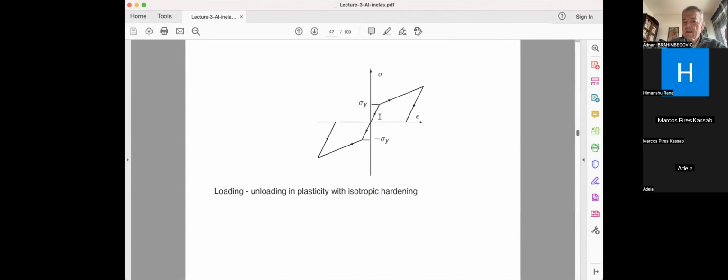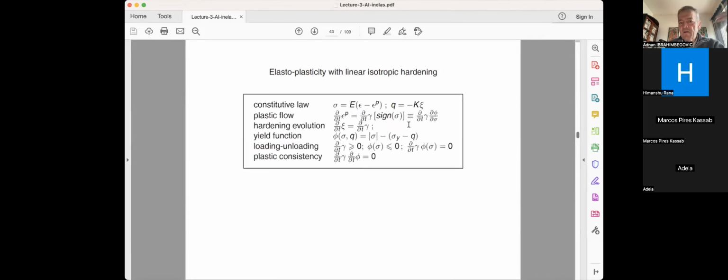I have an elastic response, which is E until sigma y, and then I have EK divided by E plus K for the elastoplastic response. When I stop and unload, I have my plastic deformation opposed to elastic deformation. If I go in compression, I have a similar thing, and so on. When you start cycling again, you might be adding too much. But for the moment we only study static problems, so we don't worry about cycling. We'll do that later.